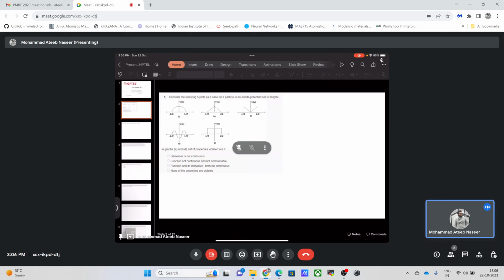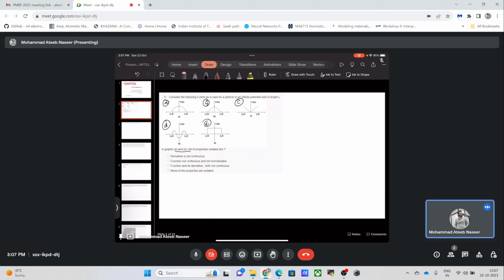The problem says that we have to look at the graphs and validate them. Graph A is this, D is this, B is this, C is this, E is this. A and D violate the properties.